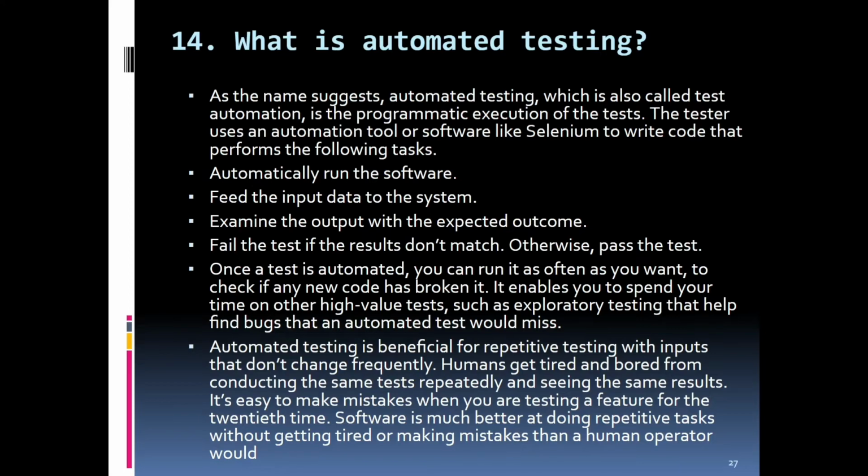Basically, if we're doing something repeatedly and the same things are happening and the same results are going to happen, then for that we can do automation testing. For example, when we are building a new feature, every time we have to test our old features also, right? We have to make sure the old features are still working fine.